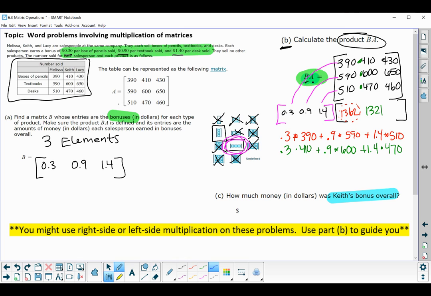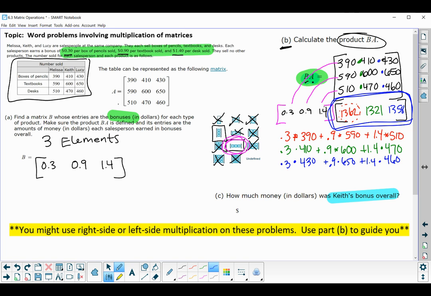And then we want to switch to multiplying by that last column to get our answer. 0.3 times 430, 0.9 times 650, and 1.4 times 460. And so when we do that, we get 1358. So you'll enter this as your answer on part B.